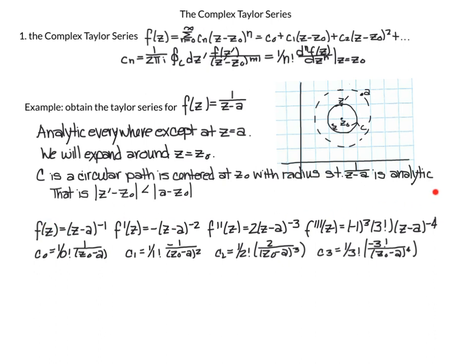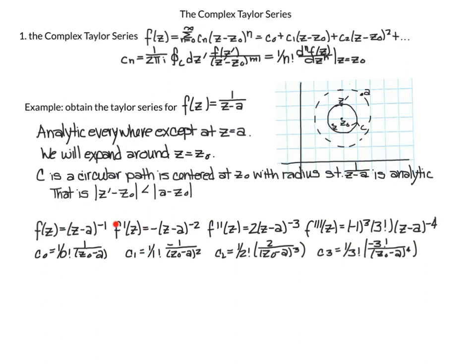Plugging these derivatives into my formula for my coefficient, so my 0th coefficient is 1 over 0 factorial times my 0th derivative evaluated at z equals z0. So where's my 0? That's my actual function over here. So that's going to be 1 over z0 minus a. My first coefficient is going to be 1 over 1 factorial times my first derivative evaluated at z equals z0.